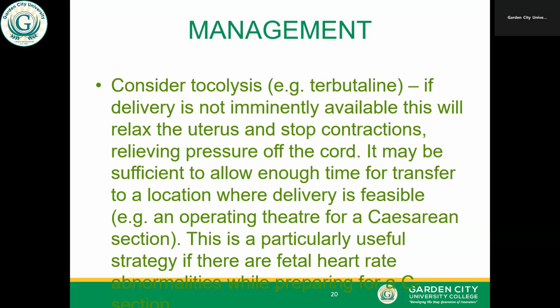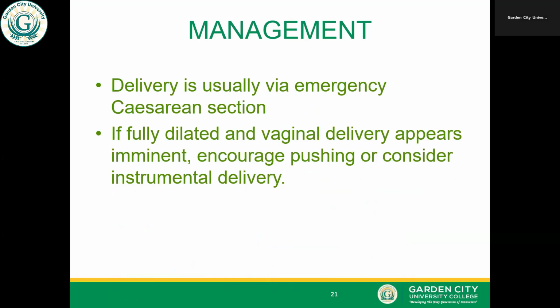It may be sufficient to allow enough time to transfer the woman, if you are in a smaller facility, to a bigger facility for emergency cesarean section. So you have to consider giving the tocolytics. And it is a particularly useful strategy if there are fetal heart rate abnormalities whilst you prepare for emergency CS.